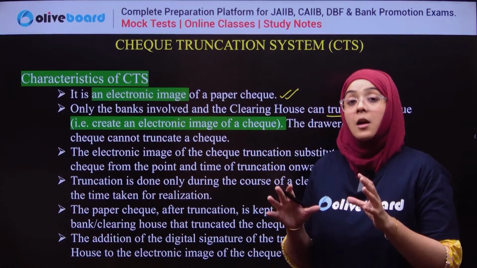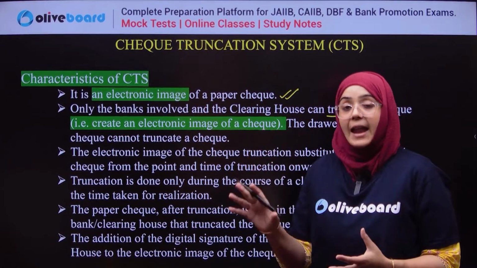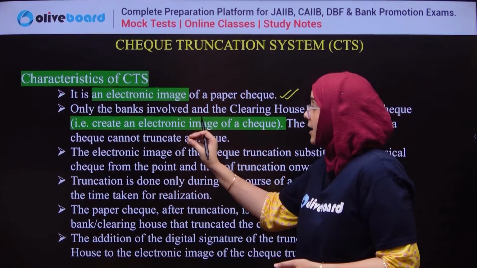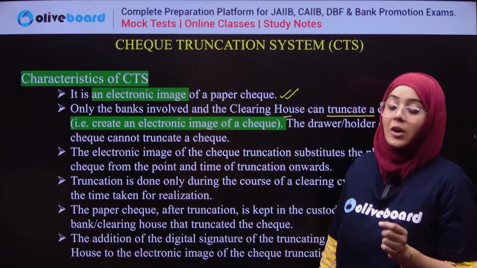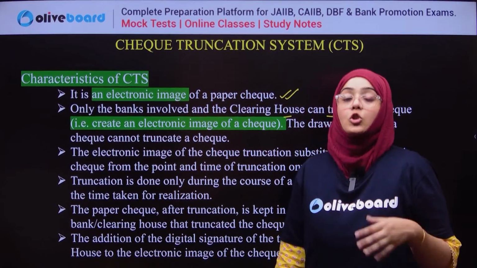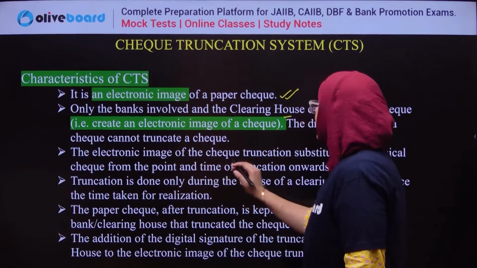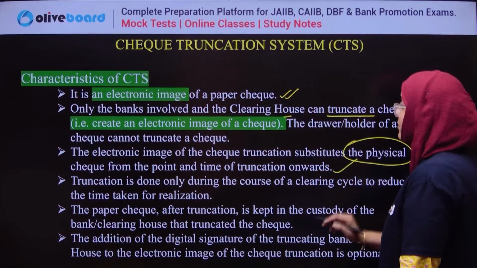It means that the responsibility or the authority of scanning that check lies only with the bank and the clearing house. The drawer or the holder of the check is not allowed to scan the image. The electronic image substitutes the physical movement of the check.